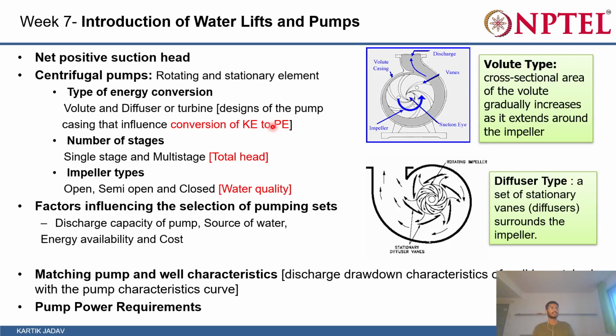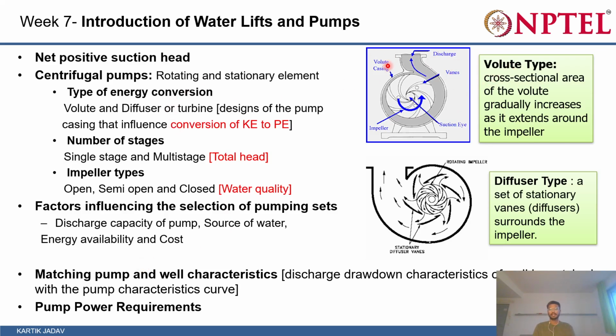It is generally classified as open, semi-open, and closed impeller type centrifugal pump. And these are the factors influencing the selection of size. Basically, the fundamental criteria are the discharge capacity of the pump, source of water, and energy availability.